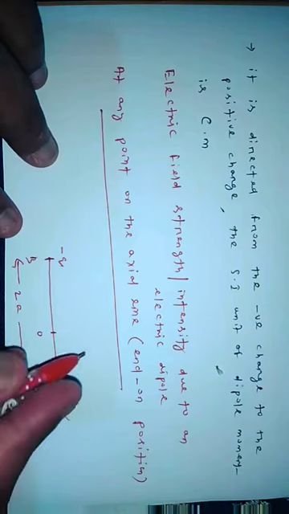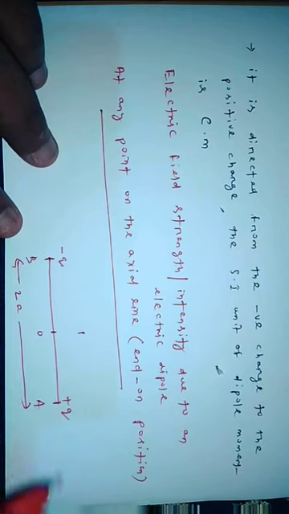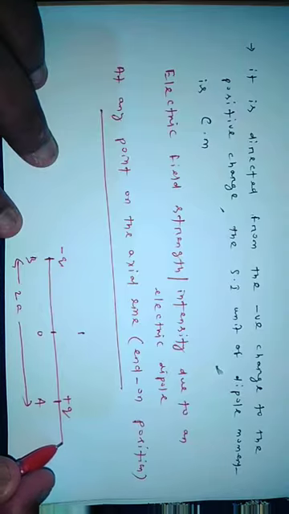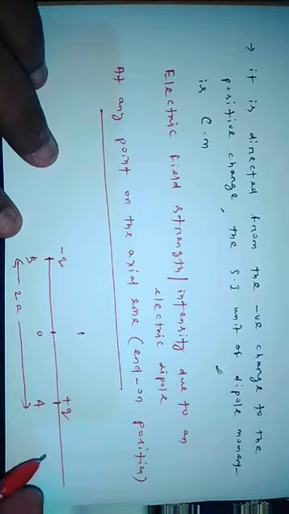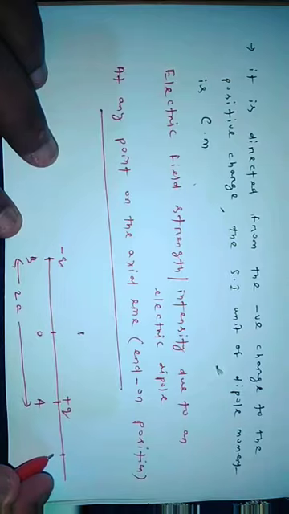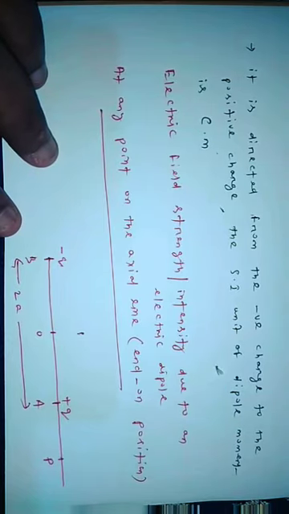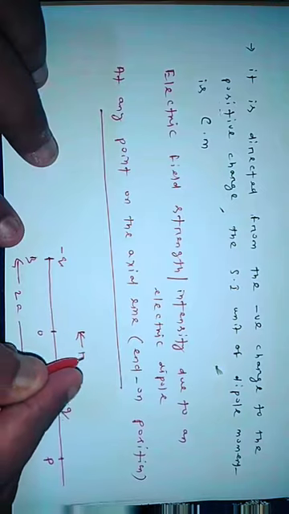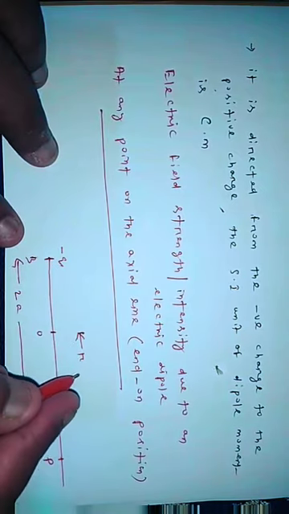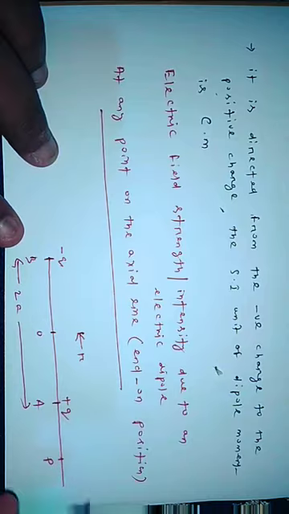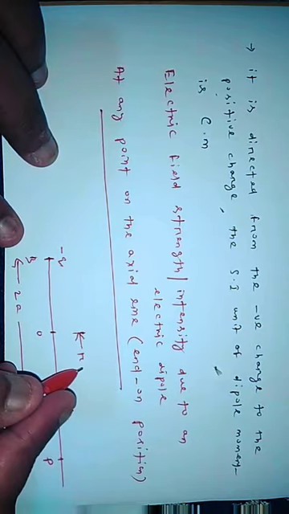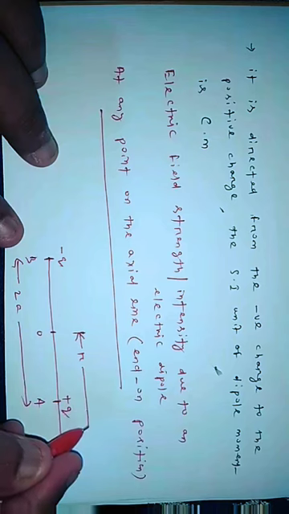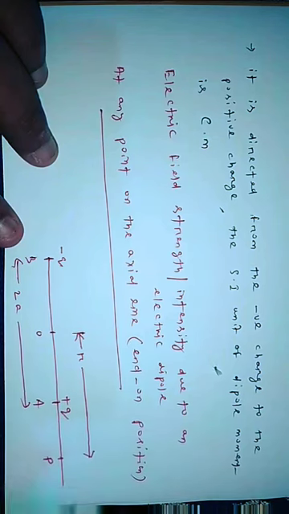Okay, suppose this is the axial end of the dipole. This is point P. At point P, we will calculate the electric field intensity due to the electric dipole. Suppose the point P is situated at a distance r from the center of the dipole. Okay.